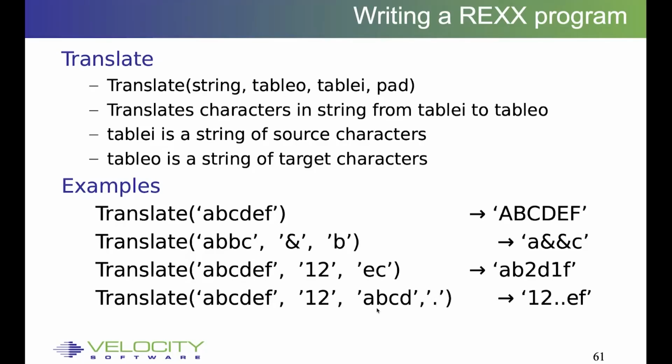So in this case, A is going to get translated to 1, B will get translated to 2, and C and D will be filled with the pad characters. If we look at the output, our A was translated to 1, our B was translated to 2, C and D are now our pad characters, and E and F were left alone. Very powerful capabilities with this translate function.